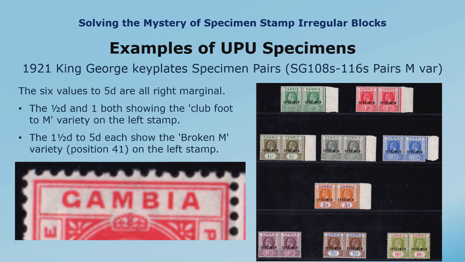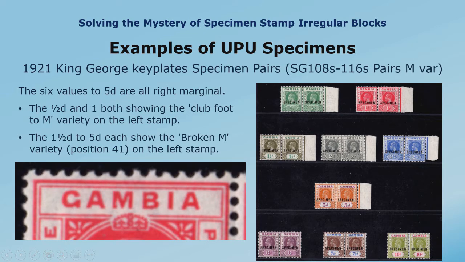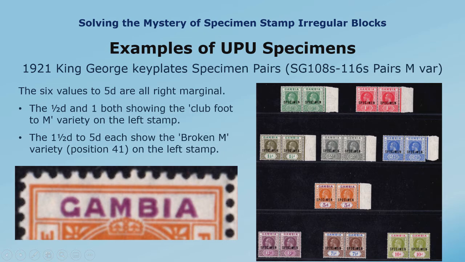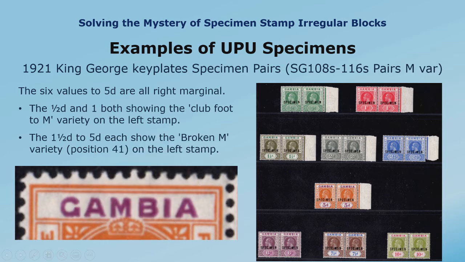So you can see here that club foot on the M, and here you can see the split M in the word Gambia. It's probably the only set in existence that's got all of those varieties in a pair. I've seen other pairs of this series, but not with all of these varieties.